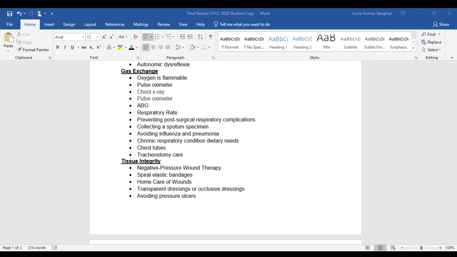Tracheostomy care. I want to ensure that I'm doing something to protect the skin from breakdown. I'm going to make sure that there's gauze to protect the skin from getting any pressure from the trach or any of the plastic pushing down on the patient's skin. I want to assess frequently for breakdown.